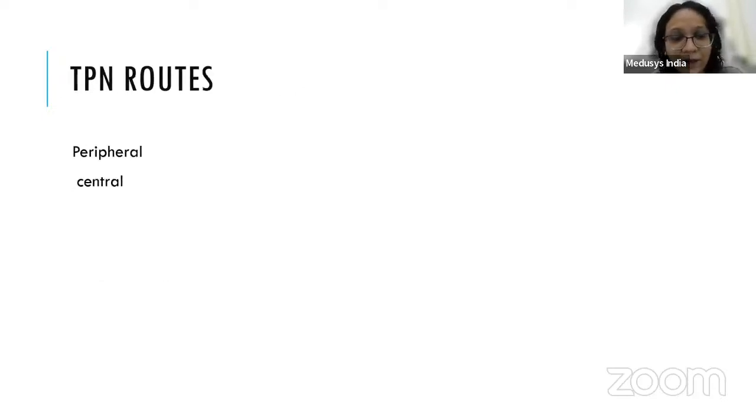So for TPN routes, can you or somebody else just briefly say what the routes are and what should be preferred? TPN can be given by the peripheral or central route, but the central route is always preferred because they are hyperosmolar.